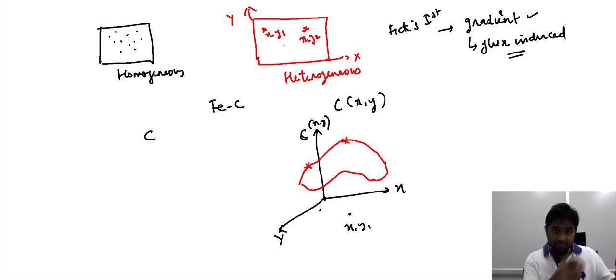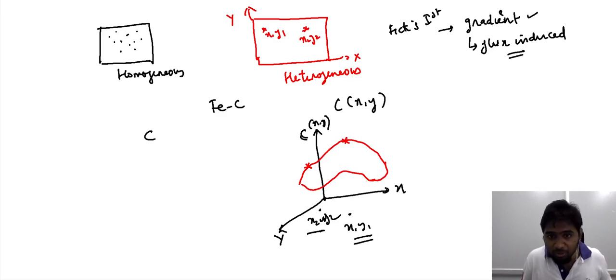So what we have is an actual system, and in this actual system, it is a heterogeneous system, and depending on the points that you consider, there is a difference in the concentration. Now what we have done is, since this is a two-dimensional system, we have considered a three-dimensional axis. Two of the axes help us describe the points that we are considering. So this point here is x1, y1, and this point here is x2, y2.